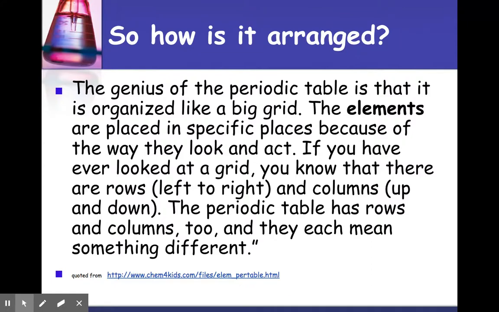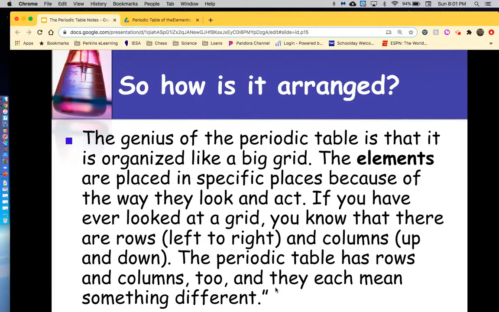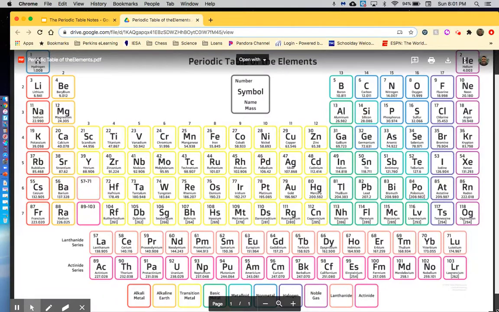The rows, which are the left to right horizontal lines of elements, are very specifically organized, and each element is in its proper place and has a reason for being there. Same thing goes with the vertical columns. From top to bottom, there are certain characteristics of the elements that fit in those vertical columns that decide where they go.